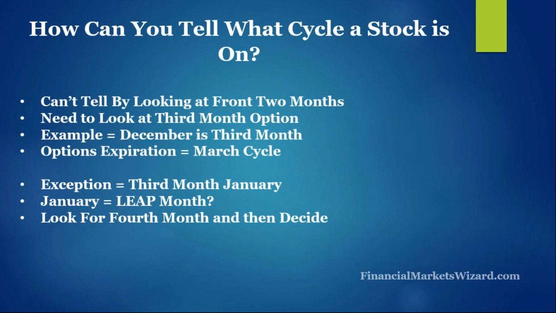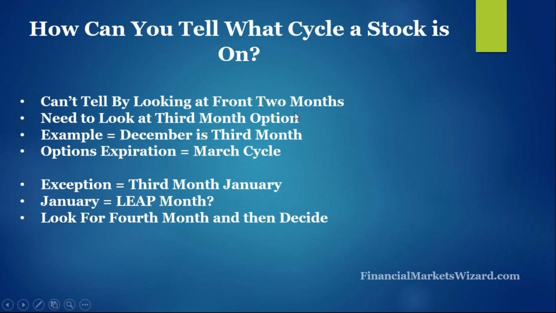So the point is, when you're trading stock options and you're looking at the option chain, how can you tell what cycle a stock is on? If you can tell what cycle a stock is on, then you know which month will be added, so you can adopt a strategy accordingly.